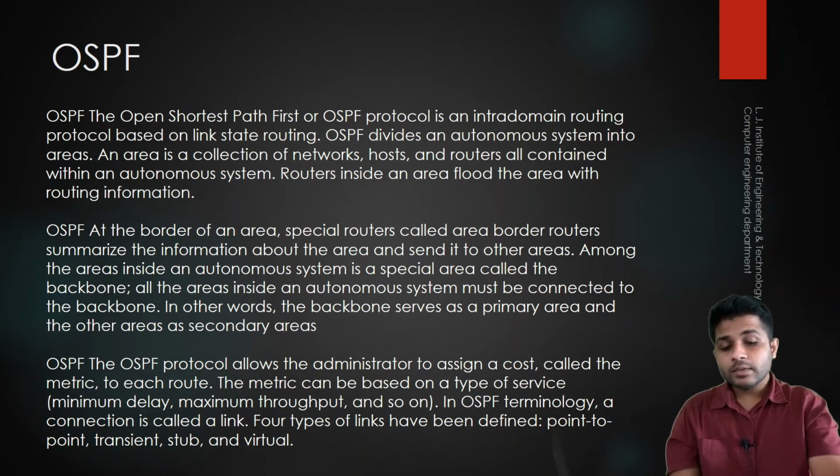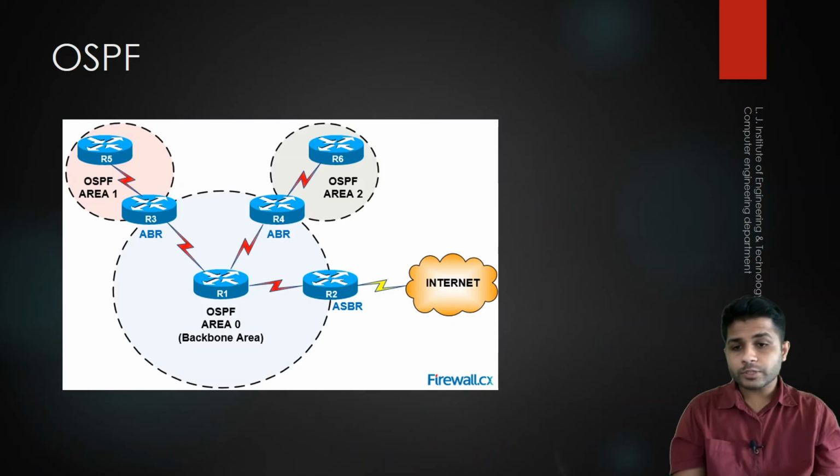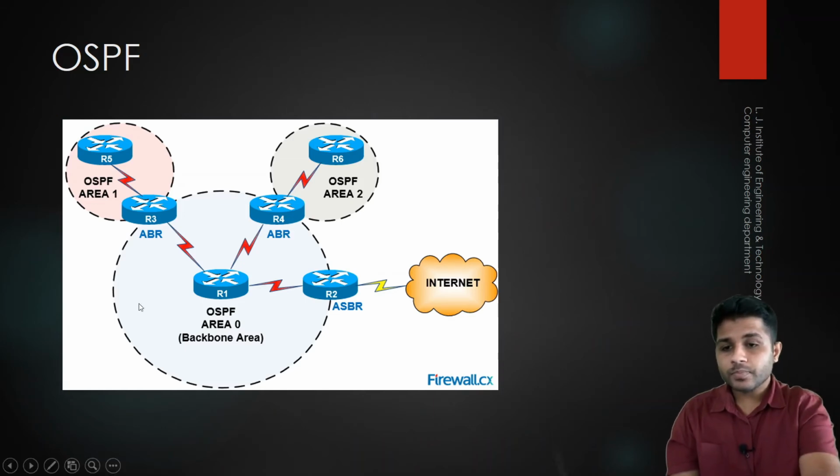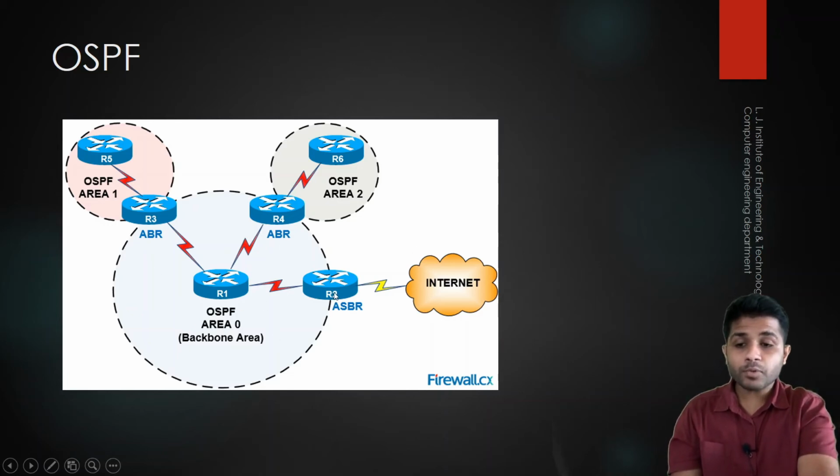Now let's see the figure of OSPF. You can see that these are the areas, so one autonomous system is divided into areas. The main area, area 0, is the backbone area, and there are backbone routers. Using these backbone routers, the information will be shared outside the autonomous system to the internet, and less important areas are known as the other areas, let's say area 1 or area 2.